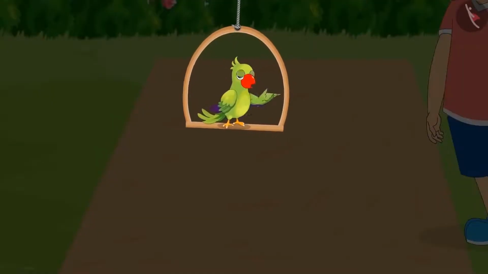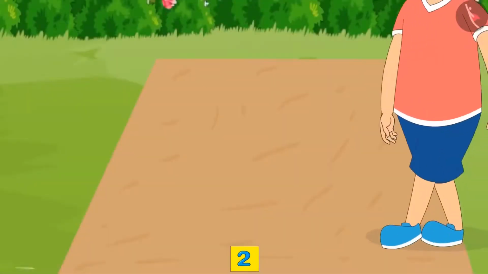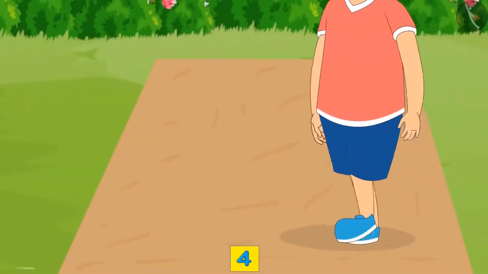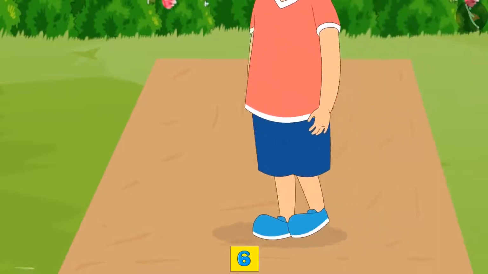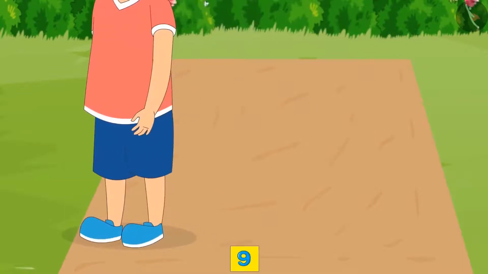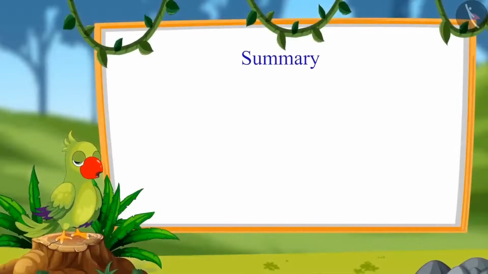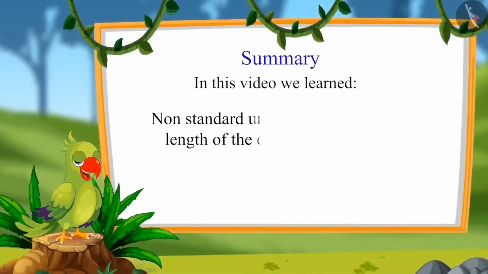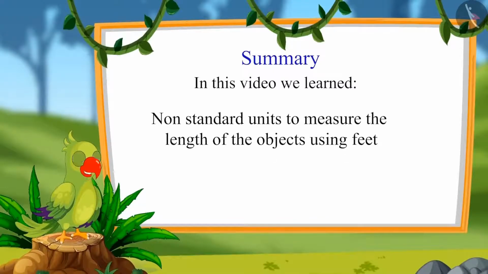Just like this field. This field is 1, 2, 3, 4, 5, 6, 7, 8, 9. That means 9-foot spans.